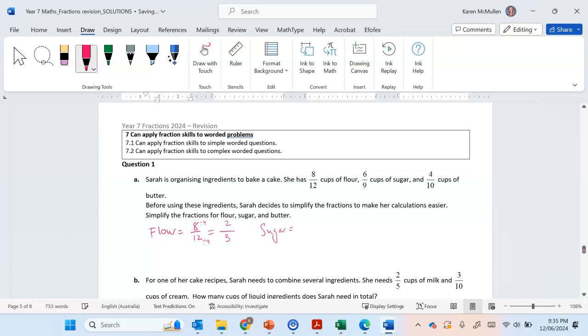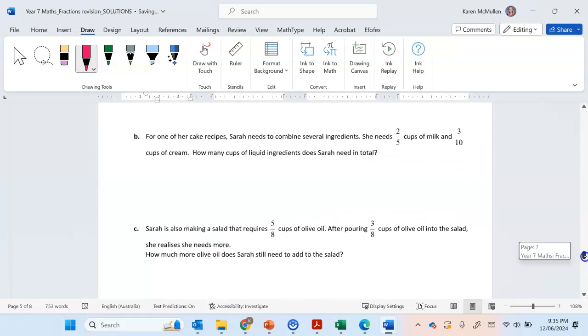Sugar. So I've got 6/9. So the highest common factor is 3. So we're going to divide the top and the bottom by 3. So we've got 2/3. And then what's left? Butter. So we've got 4/10. So the highest common factor is 2. So we're going to divide the top and the bottom by 2. So we get 2/5.